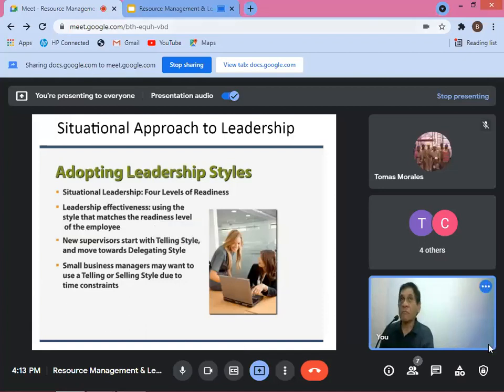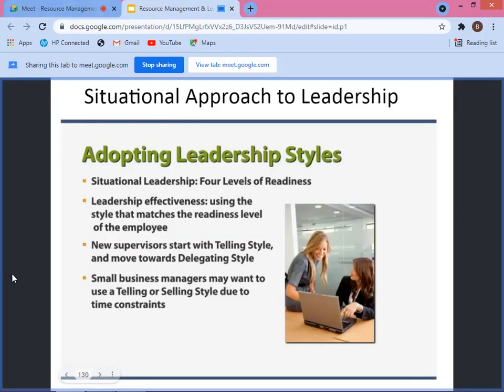You have to maximize your profit, so you have to optimize your resources. Because the business is micro, you can use telling or selling.